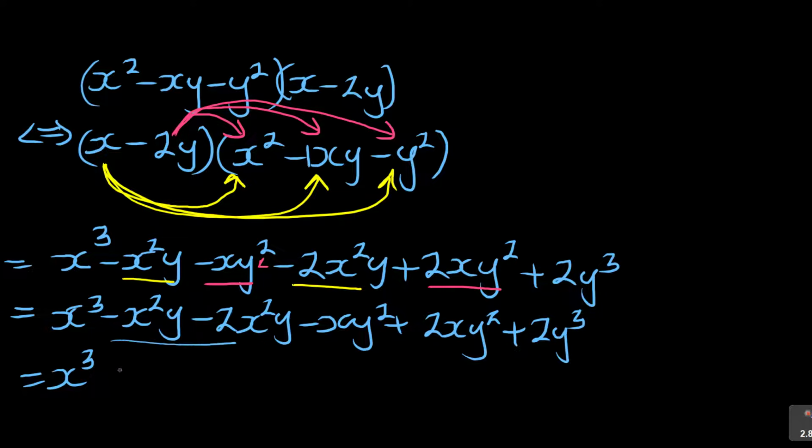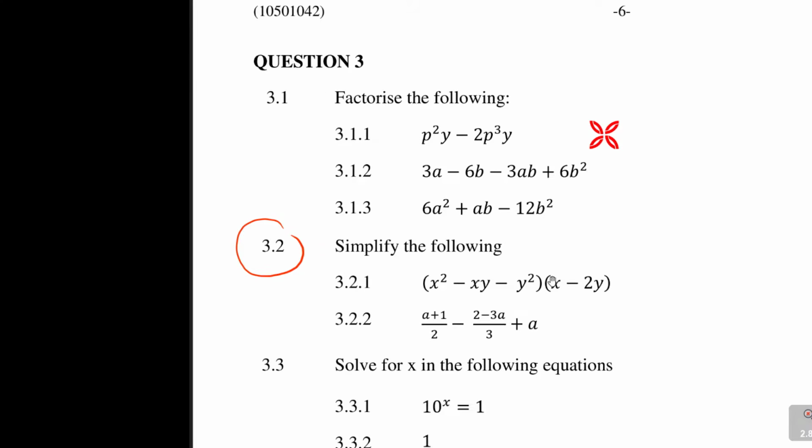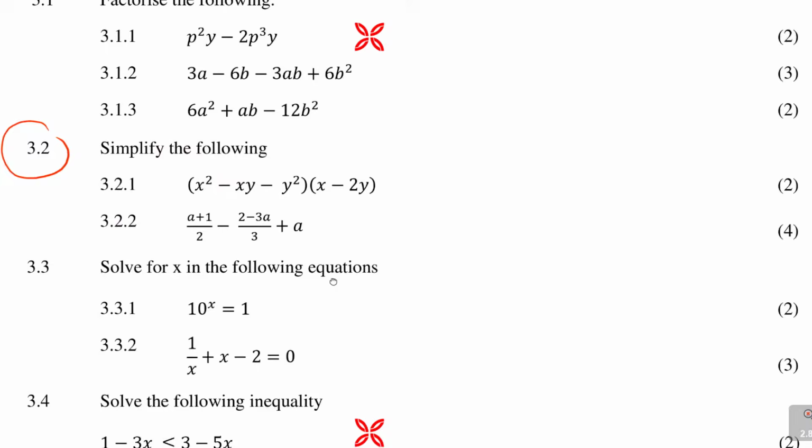These two will give you, because there is a 1 minus 2, it's minus 3x squared y, and the other one, minus 1 plus 2, is plus 1 xy squared plus 2y cubed. That is simplifying in some form here. And then what about this one?